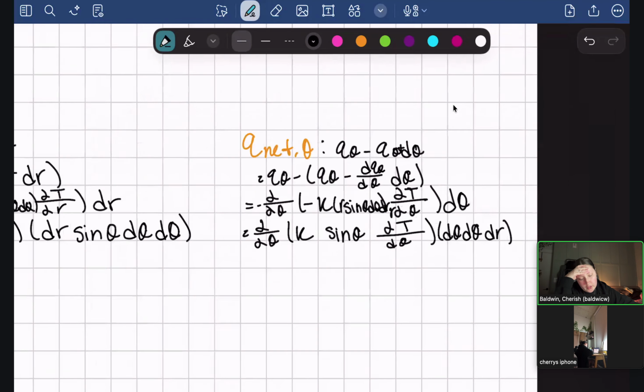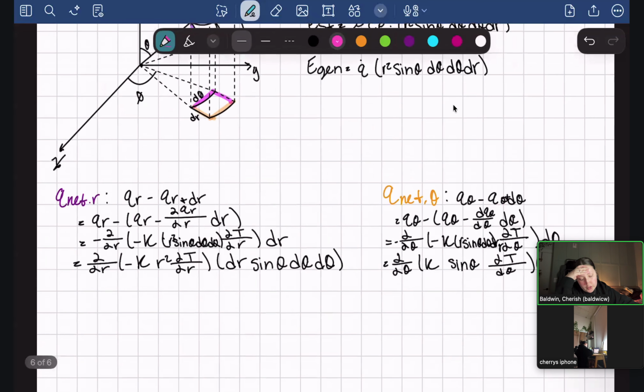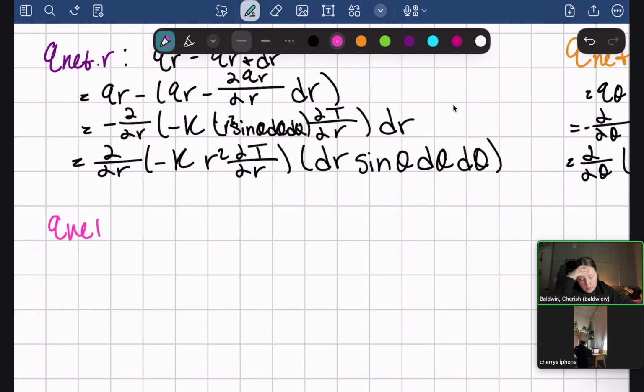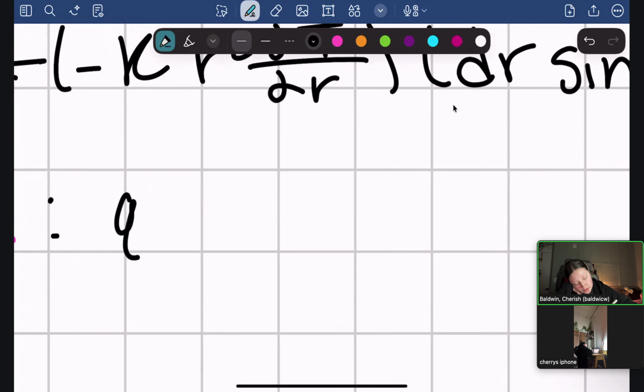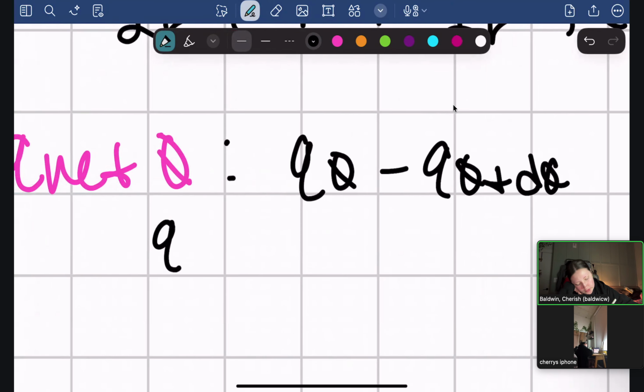alright, and now we're going to go through the pink surface, which is Q net phi. And the same as before, this gets really repetitive. Now the Taylor series.